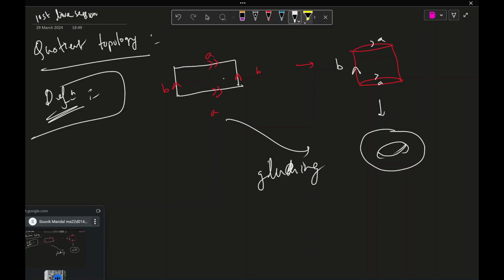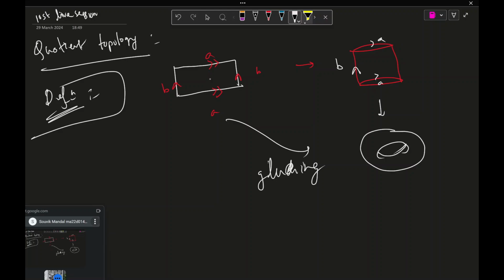We are gluing the vertical edges, then gluing the horizontal edges, and we get a torus. The point is the following: we started with a topological space, and by gluing some subspaces of it to a single thing, we get some new space.